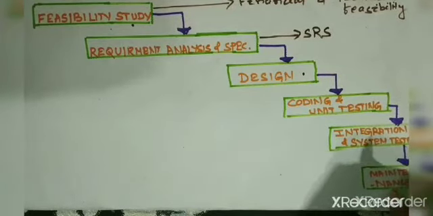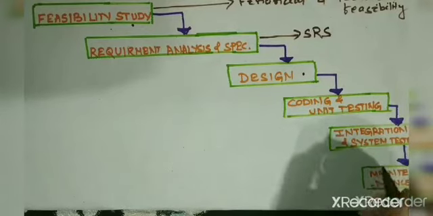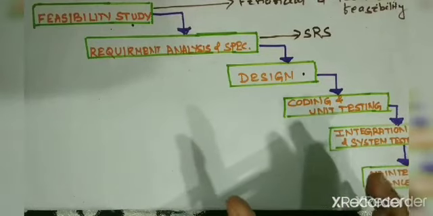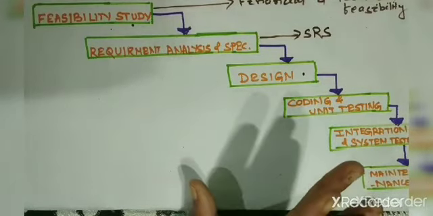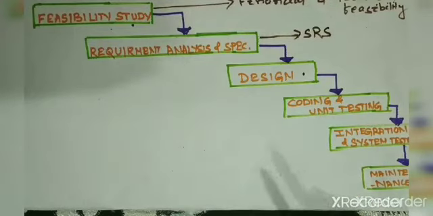In integration and system testing, all the small modules are integrated, but not all at once. They are integrated in a proper method, and the partially integrated software is also tested. After completion of integration, the fully developed system is tested by the testing team.